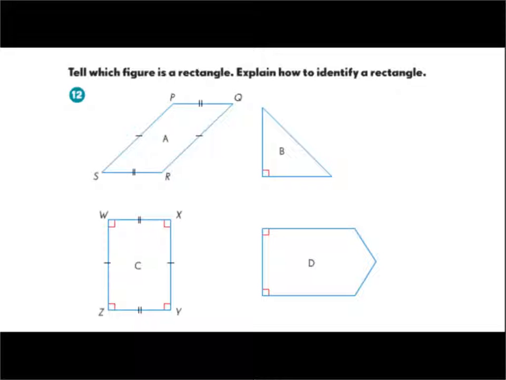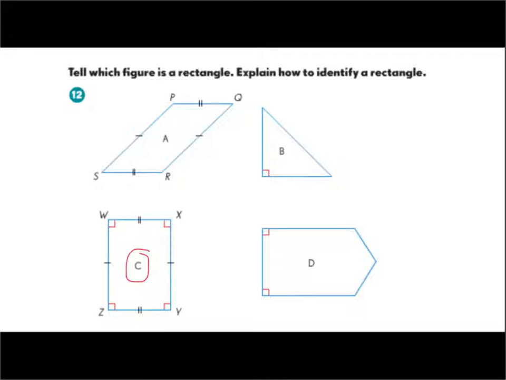Now it's your turn. Please decide which of these figures is a rectangle, A, B, C, or D, and explain how you know, using the special properties of a rectangle, that that figure is a rectangle. And I hope that everyone said that C is a rectangle.